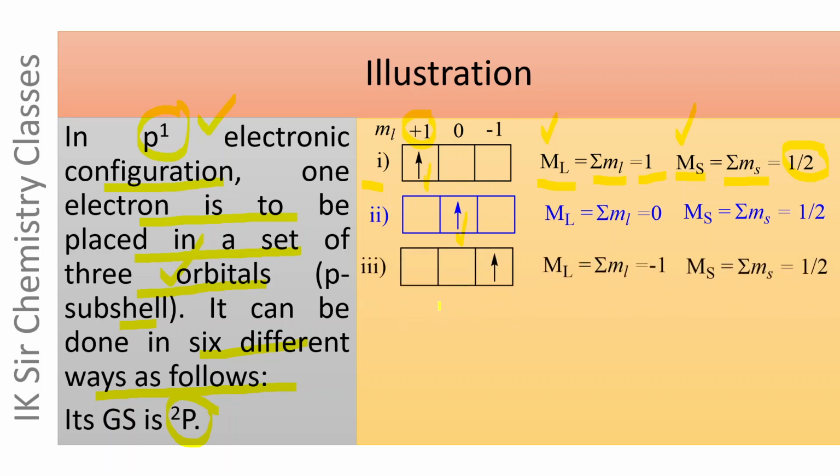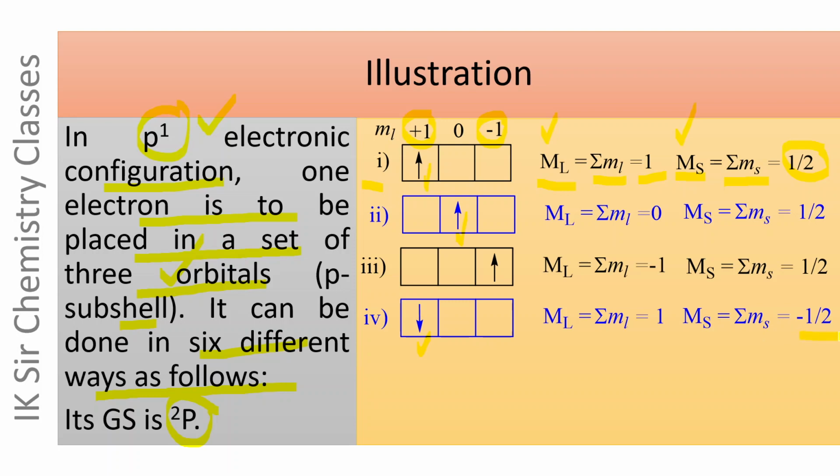In the third microstate, the electron is present in the third box having ml equals -1. And in the fourth microstate, the electron having beta spin, that is ms equals -1/2, is present in the first box with ml equals +1.